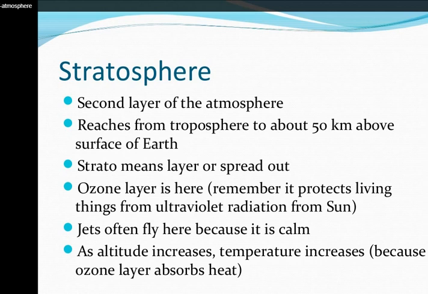Jets often fly here because it is calm. As altitude increases, temperature here increases. Here the opposite happens. Remember that in the troposphere the temperature decreases when the altitude increases, but here in the stratosphere, when the altitude increases, the temperature also increases.